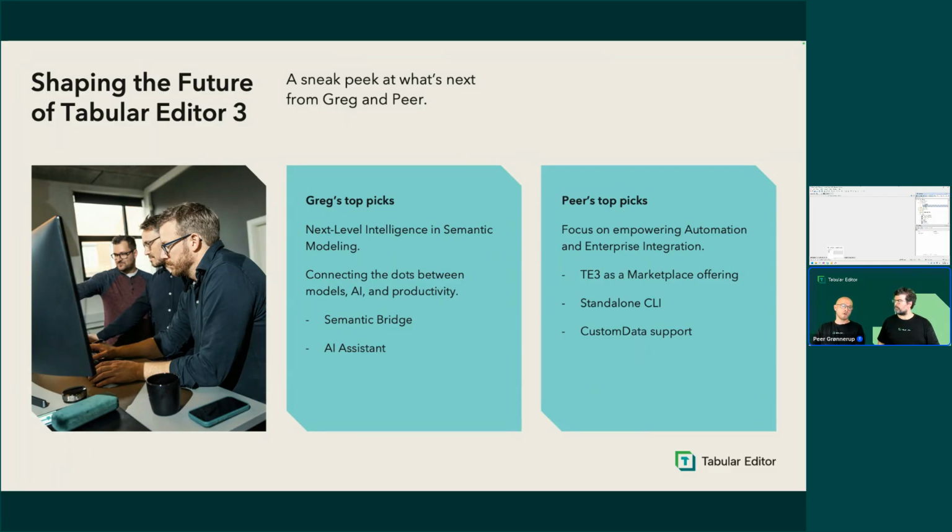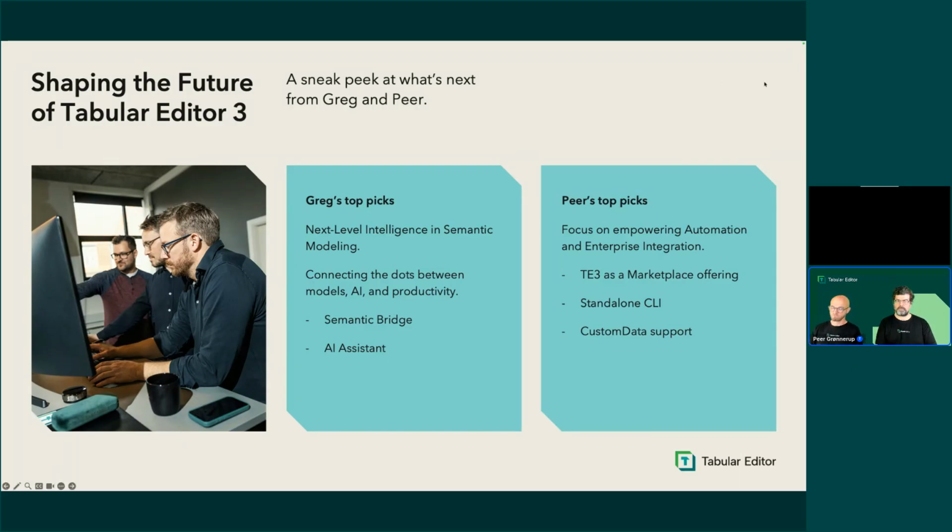That's not something we have been supporting in regards to the impersonation logic inside Tabular Editor. That will come, so it will enable you to easily and seamlessly test your security using the user data functionality. So that's also coming in the very near future.